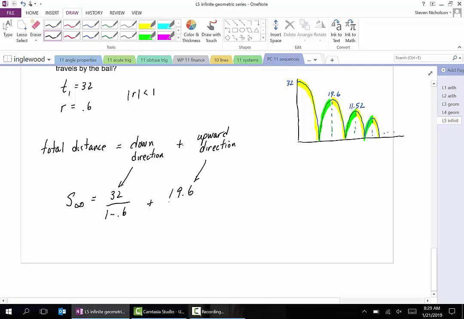We have to go up to 19.2, and then they are the same. And when you figure out what those equal, they equal 80 and 48 respectively. So this ball in this story will bounce a total distance of, and up and down are different directions, 128 meters.